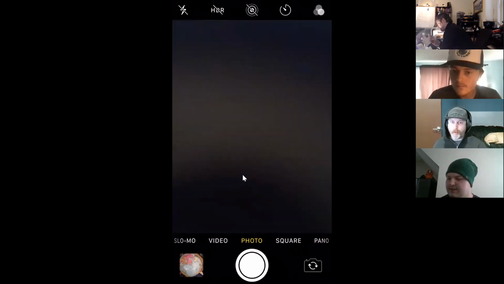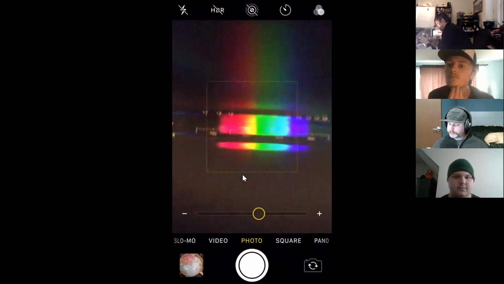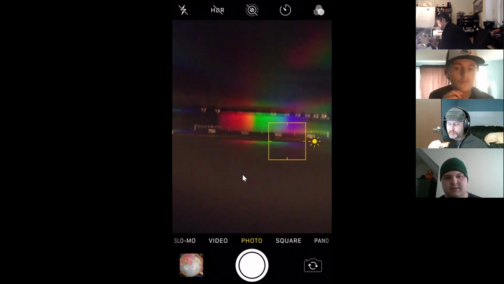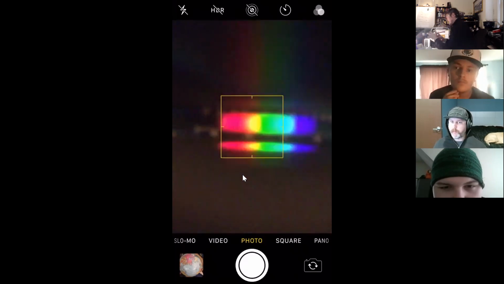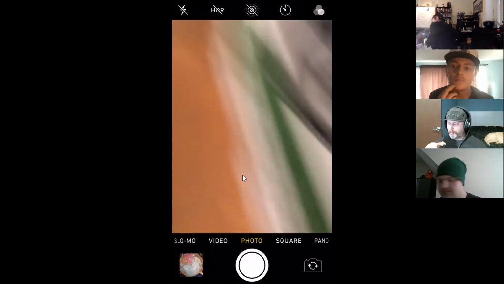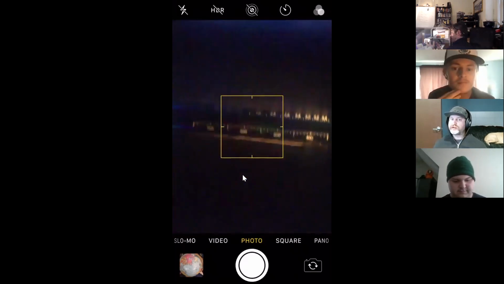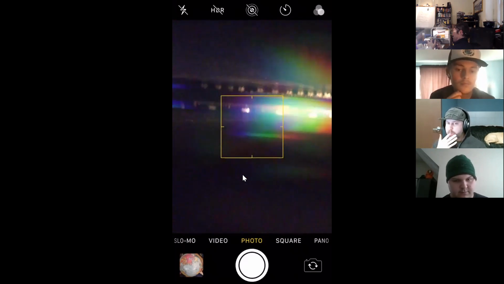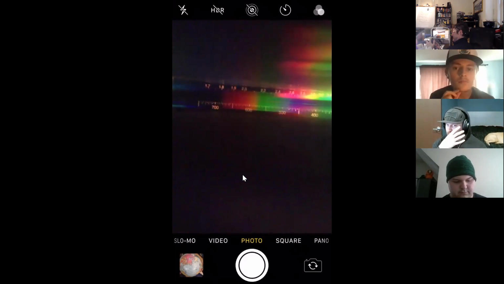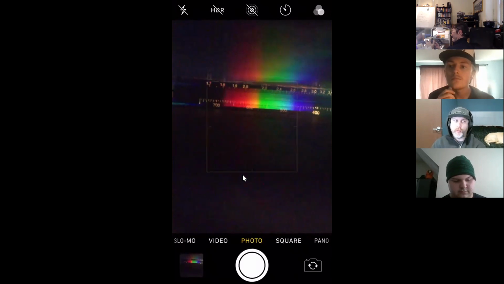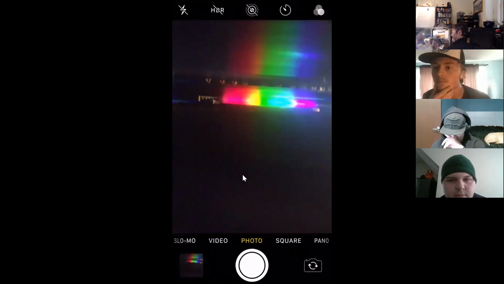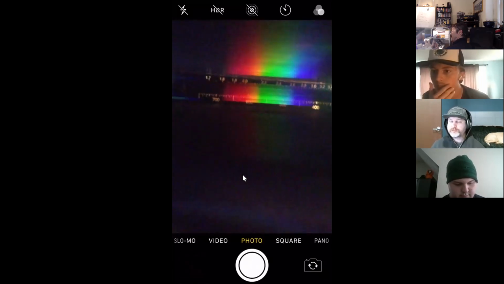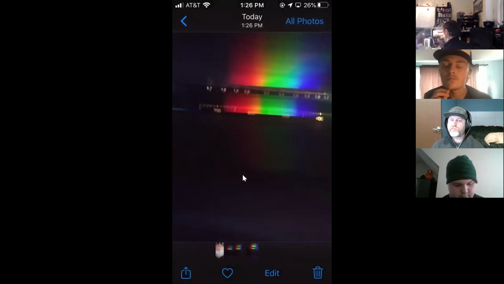I'm going to go a little bit off axis. Just a sec. Guys, I have to photograph this. Hold on. This does take a bit of skill. All right, that looks good. The trouble with doing it through the camera is to make sure that we can get the wavelengths and the rainbow on the same axis there.